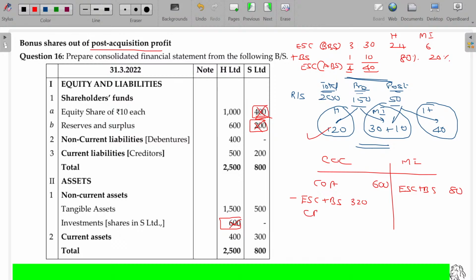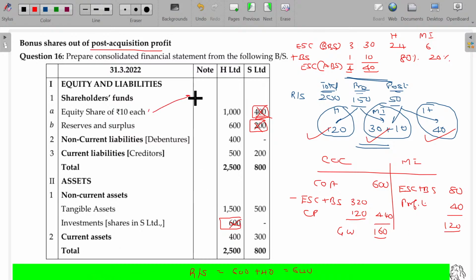Capital profit being 120 and profit for the minority interest in this case being 40. And this 40 will be addable with the profit. So 600 plus 40, reserves and surplus 640. So the net worth in this case being 440, but you paid 600 rupees, 160 excess payment named as goodwill, and minority interest 120.